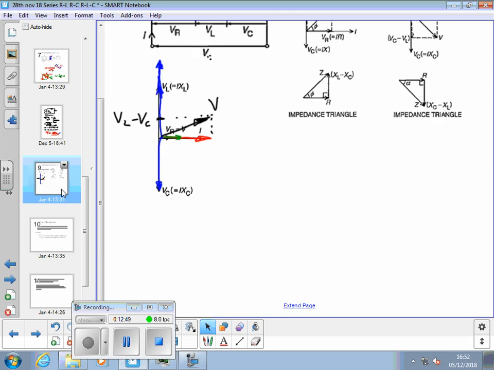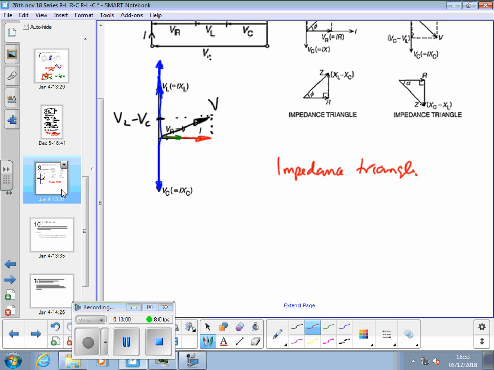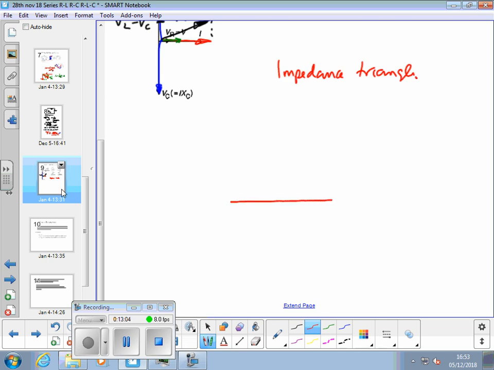Alright, if we do the impedance triangle, here's our resistance on the horizontal. Here's XL, 90 degrees up. XC is down.